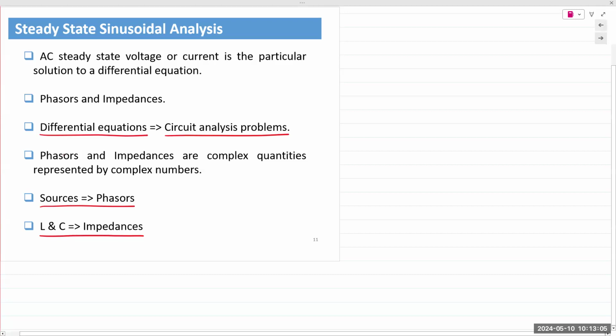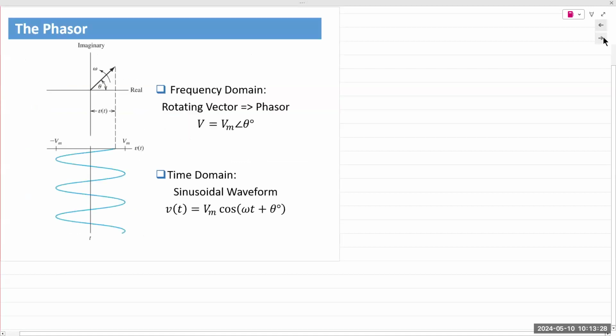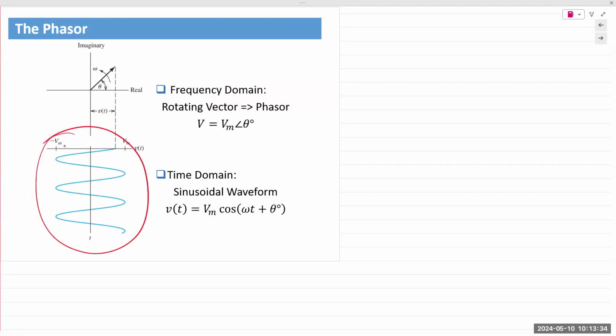What we're going to do is we will represent the sources, meaning the voltages and currents, as complex quantities, and we will represent inductors and capacitors as complex quantities known as impedances. So let's first talk about voltages and currents, okay? For any voltage or any current, a sinusoidal waveform looks like this, right?